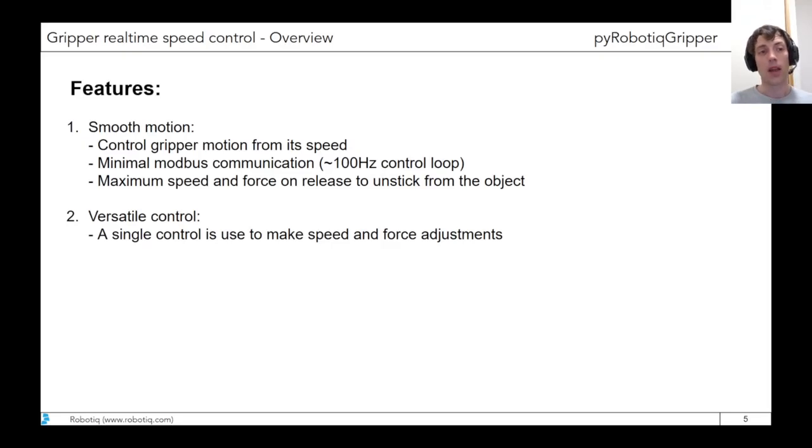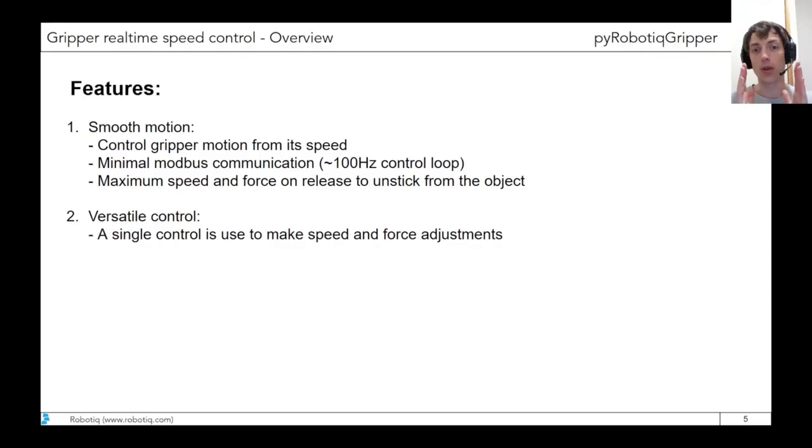For the smooth motion, first, the function controls the gripper from its speed. It's the natural way to control the gripper that makes the motion smooth. When the operator wants to make a small motion, he will push the joystick just a little bit up or a little bit down to open or close the gripper just a little bit at slow speed.